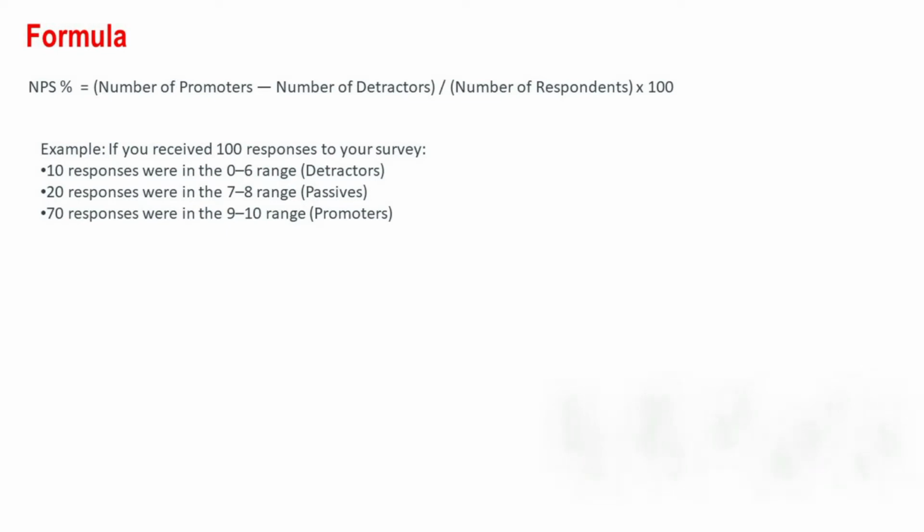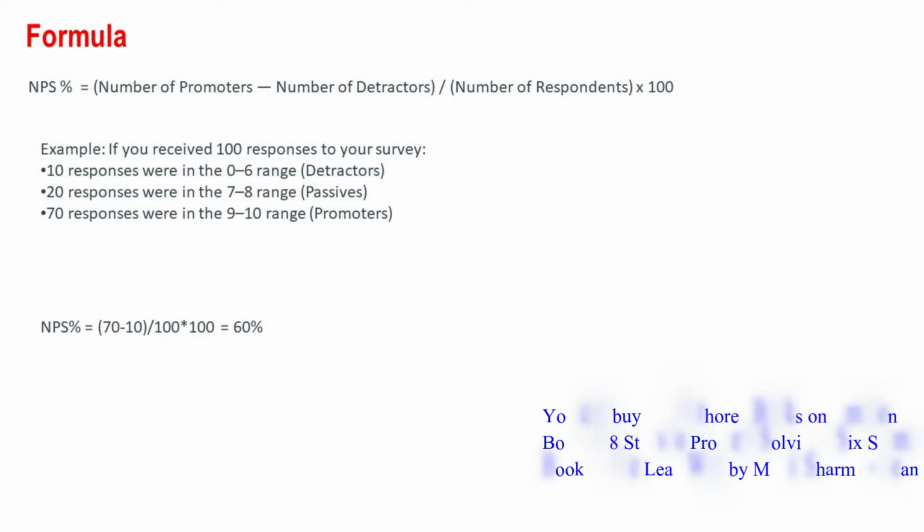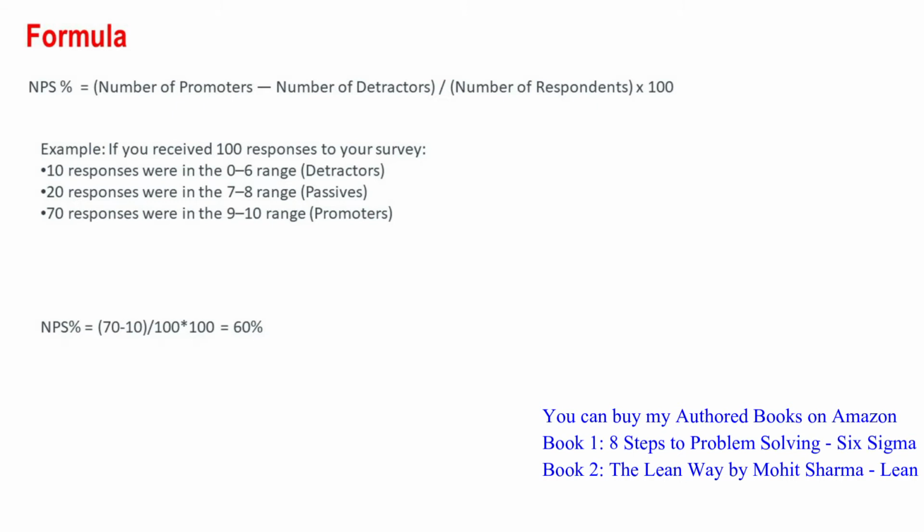So the formula is total number of promoters 70 minus total number of detractors 10 divided by 100 into 100, which is equal to 60%. So in this formula, number of responses which are 7 and 8, which are passives, are not considered. So that is how the Net Promoter Score is calculated.